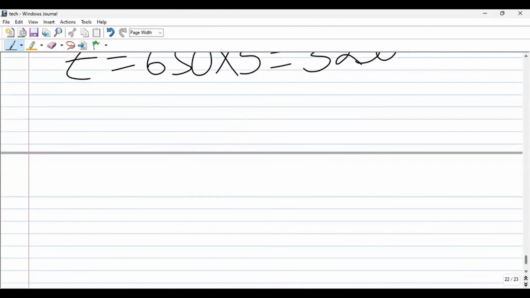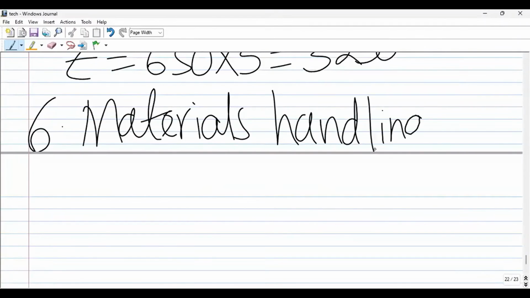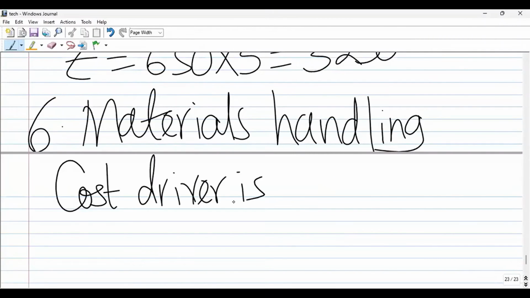So lastly, that is working number 6, we have materials handling. We come and write the cost driver. So the cost driver is what?